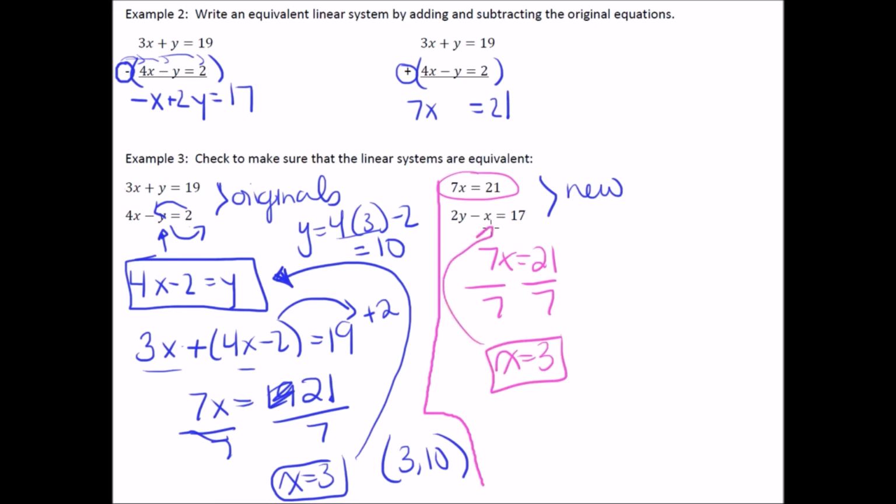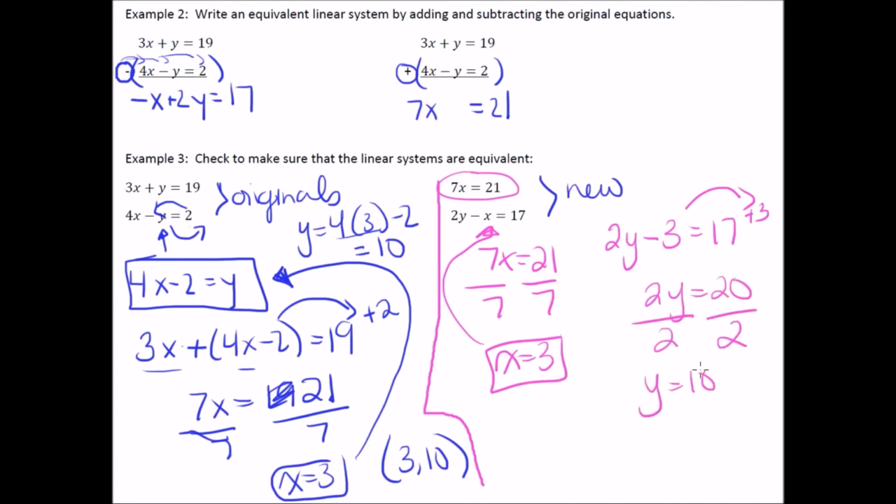Now, let's sub that into the second equation. We have 2y minus 3 equals 17. Bring that negative 3 over, it becomes plus 3. So we get 2y equals 20. Divide both sides by 2. I get y equals 10. Okay, so therefore, the point of intersection of both of these, we can see, is 3, 10.